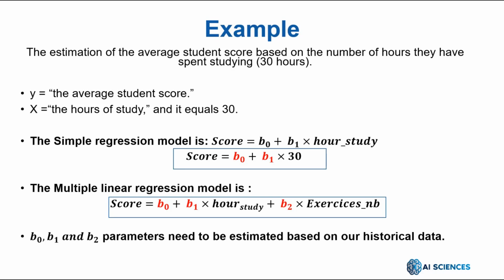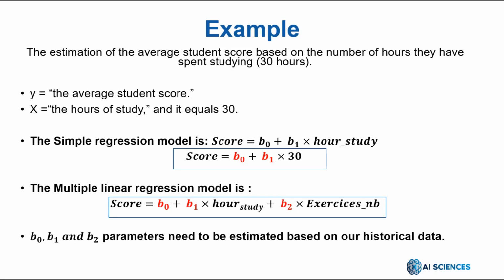Here are some examples of simple linear regression and multiple linear regression problems. The estimation of the average student score based on the number of hours they have spent studying, 30 hours. Please note that all the students who pass the exam will receive at least 2 points for their presence. In this problem, the dependent variable y will be the average student score. The independent variable is the hours of study, and it equals 30.